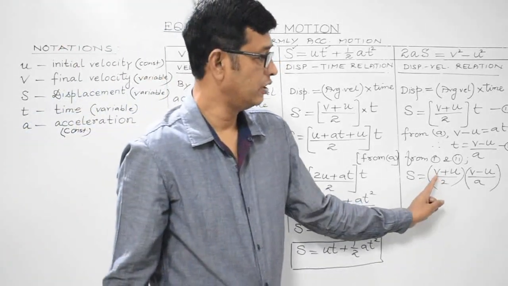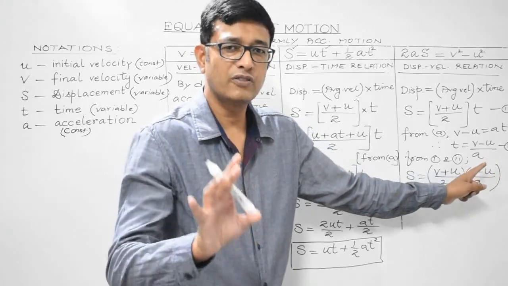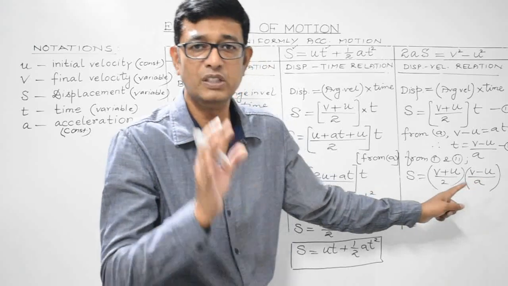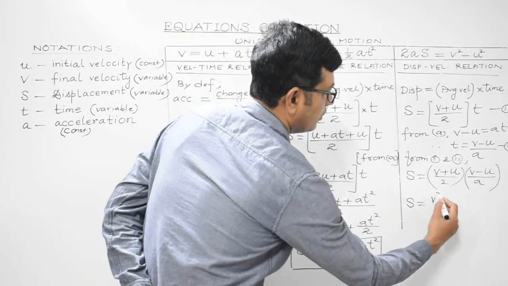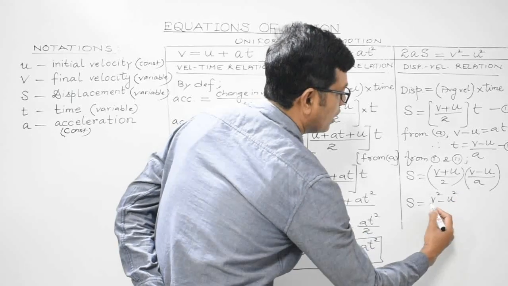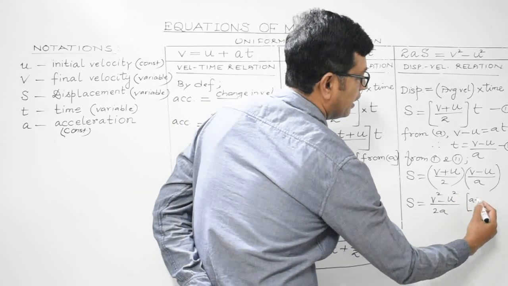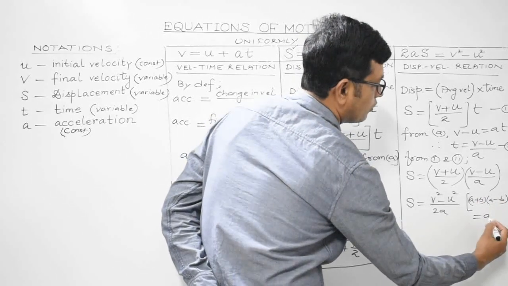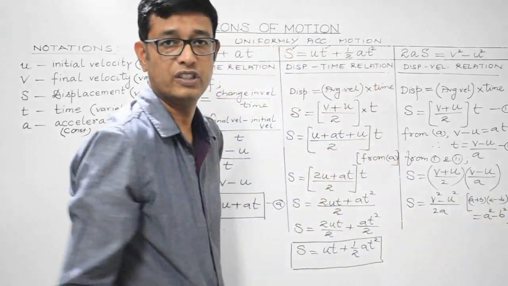Now, the numerator is in the form of (a plus b)(a minus b), and students, you all are aware of the formula: (a plus b) into (a minus b) is a square minus b square. So it can be written as (v square minus u square) divided by 2a. Write the reason: (a plus b)(a minus b) is equal to a square minus b square. This is the formula which I have used over here.